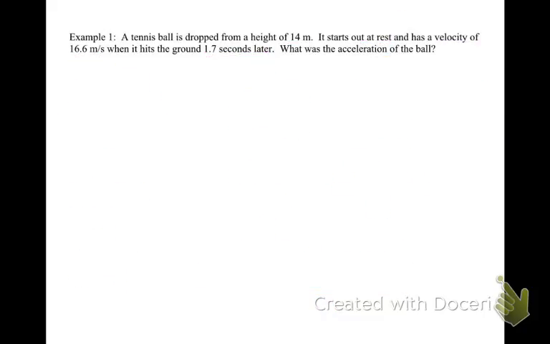Let's try another example. Let's see if we can pull out the important information. In 2.5 seconds, a car increases its speed from 60 kilometers per hour to 65 kilometers per hour, while a bicycle goes from rest to 5 kilometers per hour. Which undergoes the greater acceleration, and what is the acceleration of each? So we've got a couple of things that we're solving for.